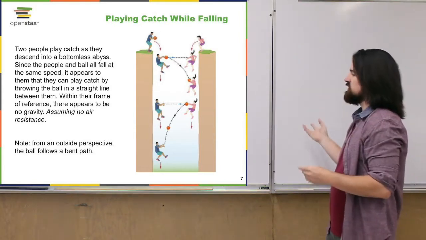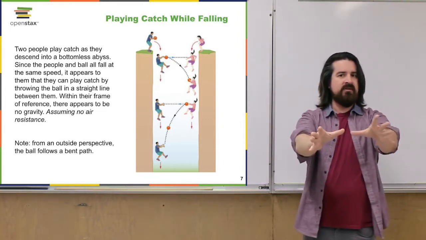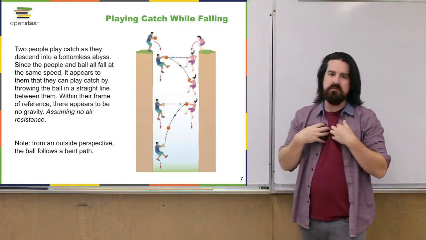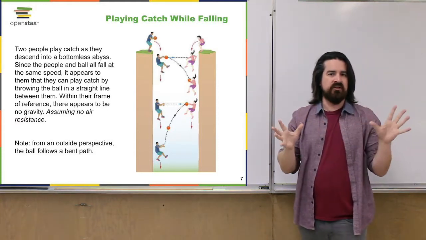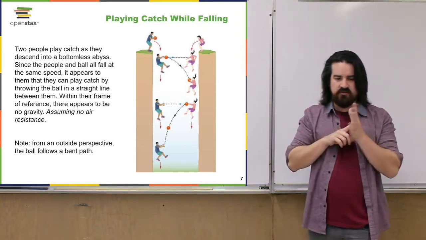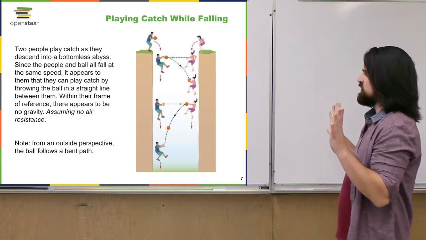Then the second person just pushes the ball back at them, right? Again, just pushes it straight, because relative to the two people and the ball, none of them are moving. From their perspective, it goes from the second person straight to the first person. Right? They catch it. All well and good.